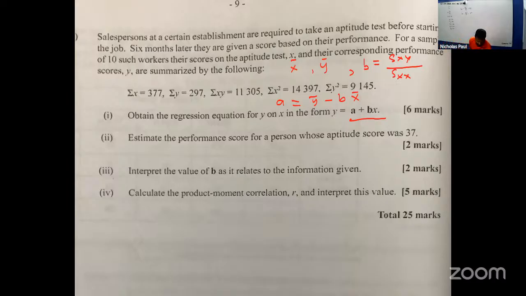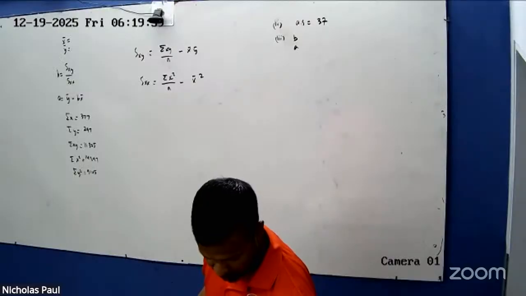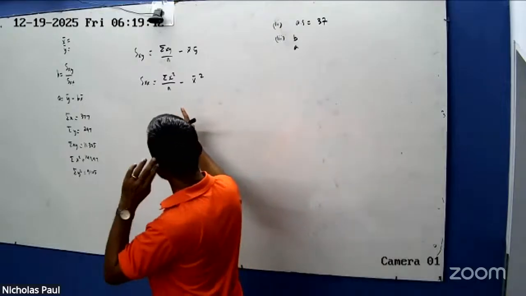You want to estimate the performance. So part two, I want to estimate when the aptitude score is 37. They want you to find what B is, interpret B, and also interpret A. Then show the correlation, right?